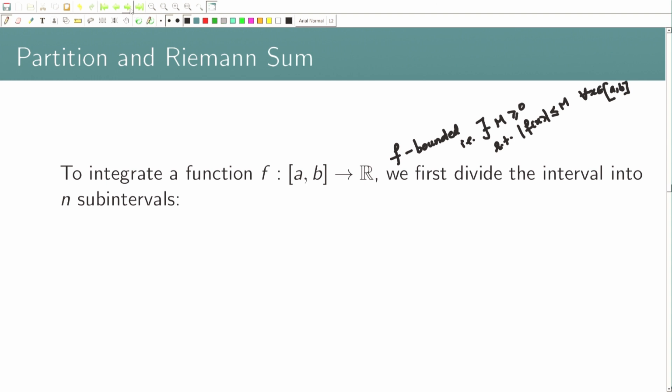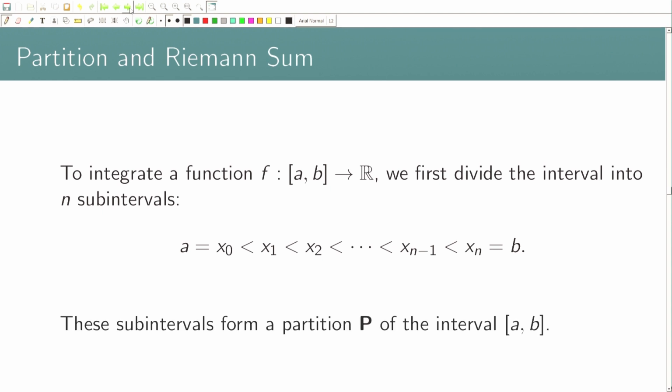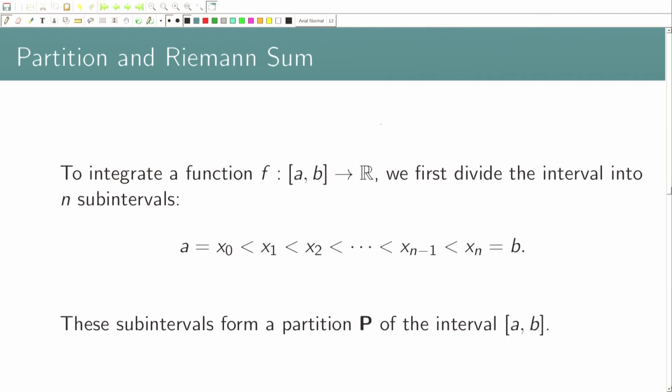As you recall, we divide the entire interval a b into pieces: a is x 1, x 2, x 3, x 4, whatever, up to x n, and we keep on dividing it.